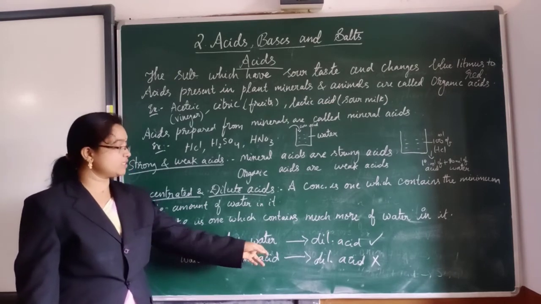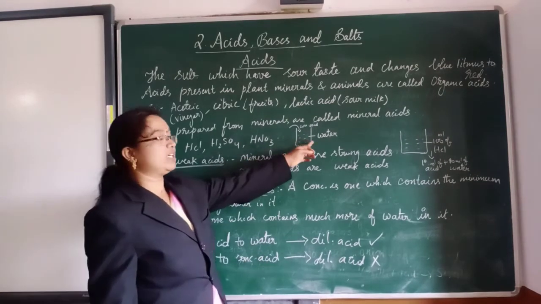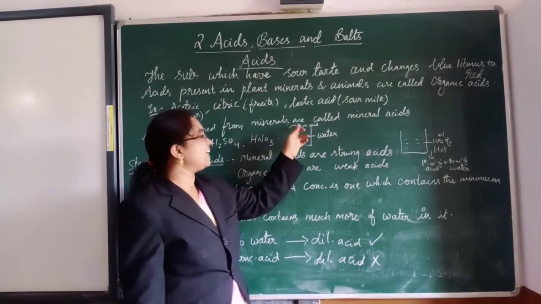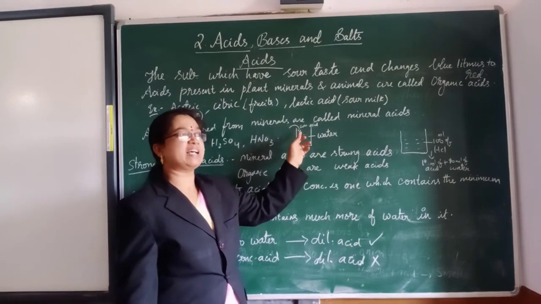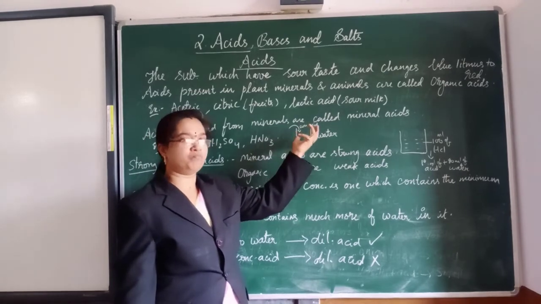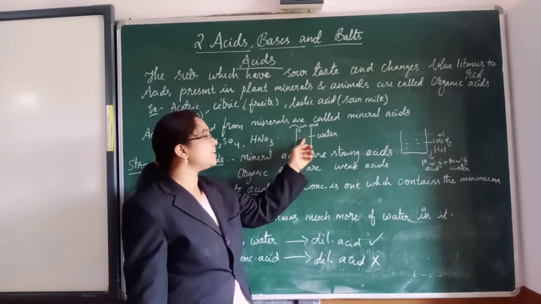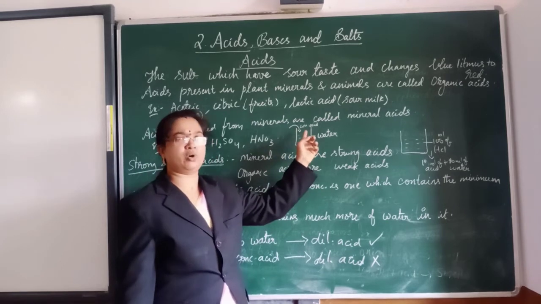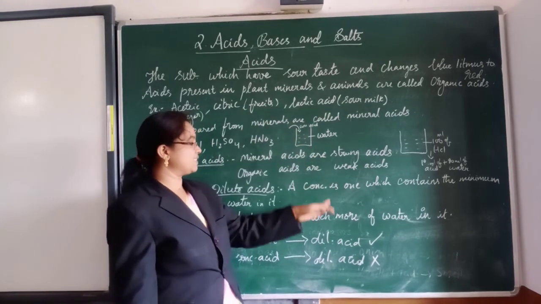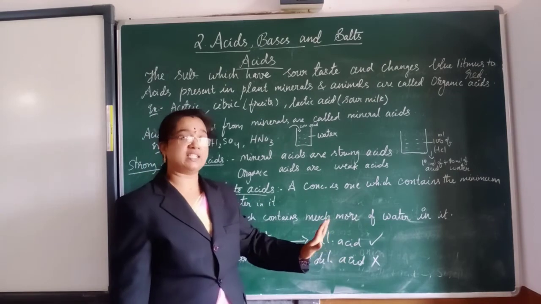Why? Because when we are taking water and adding acid, heat energy will be evolved, isn't it? So when heat is evolved, that heat will be absorbed by the large amount of water. So no problem. That acid we can change to dilute acid.